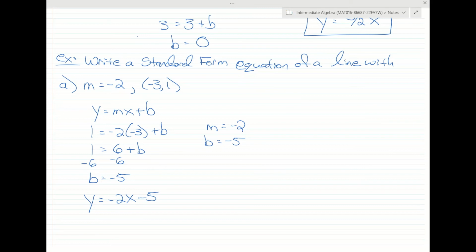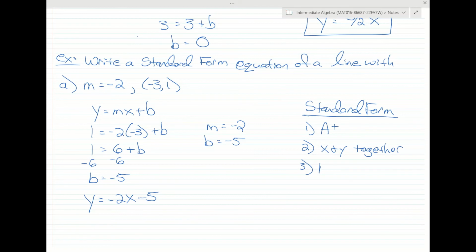And we have it in slope-intercept form, but remember what standard form was. Standard form, we needed three things. I'll write it down again here so you don't go back. One thing was the a value has to be positive. Second thing was the x and the y have to be together. And the third thing is no fractions or decimals.